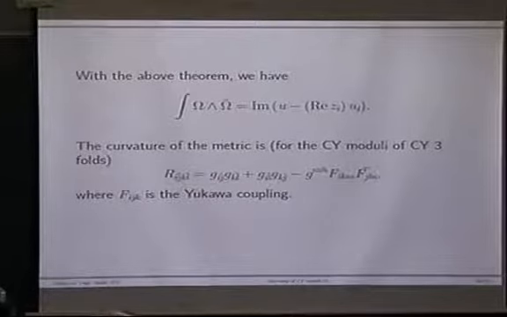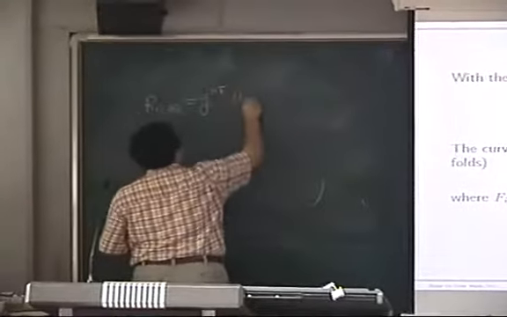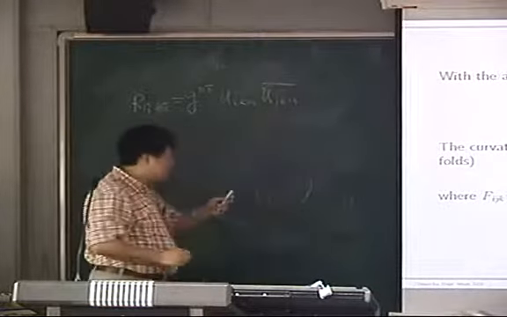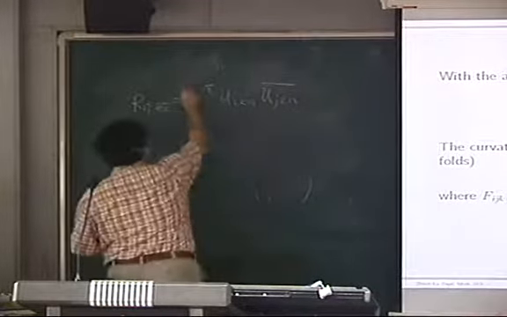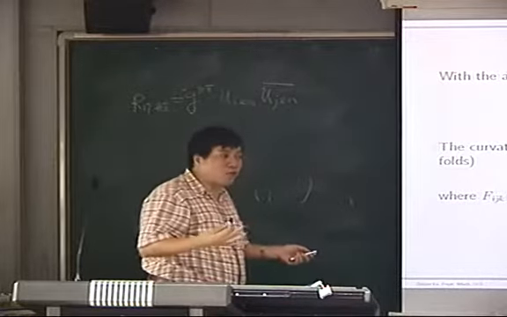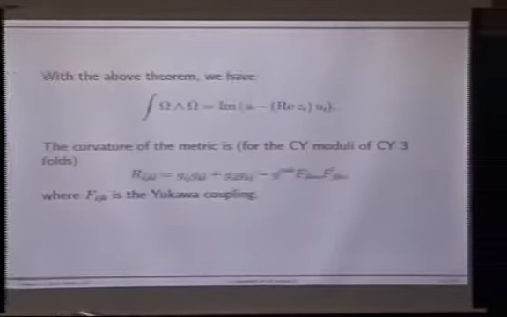Okay, so if we compare this curvature with the original one for special Kähler manifold, Rijkl is equal to Gmn-bar Uikm Ujln-bar. You will see that the original one has a negative sign, and you will see that there's an extra term. So that makes it different from the original special Kähler manifold.